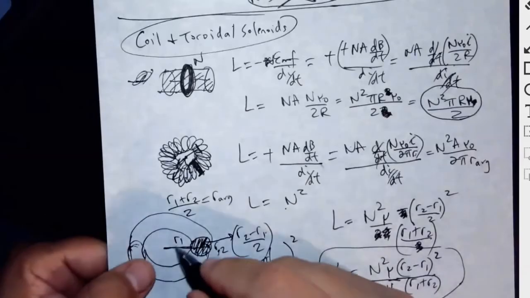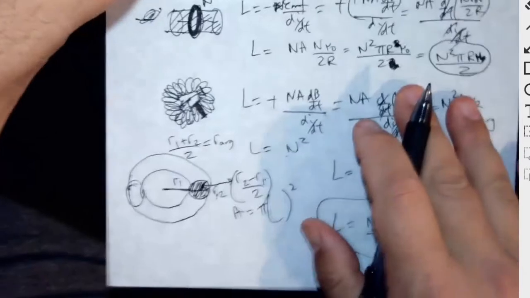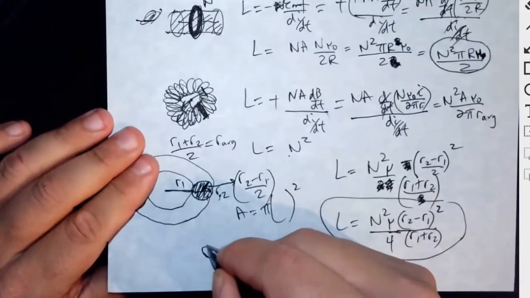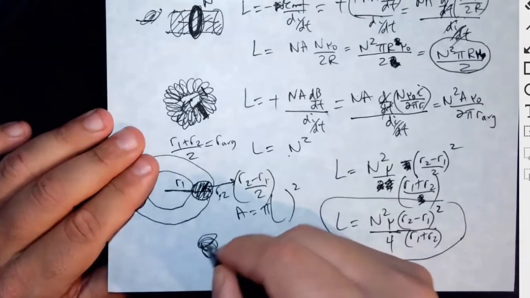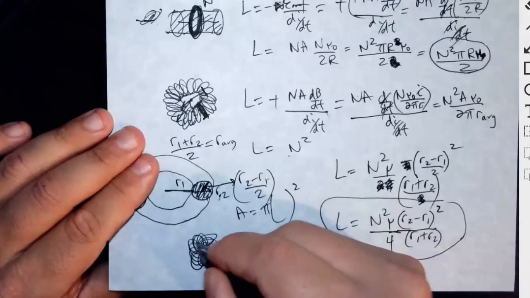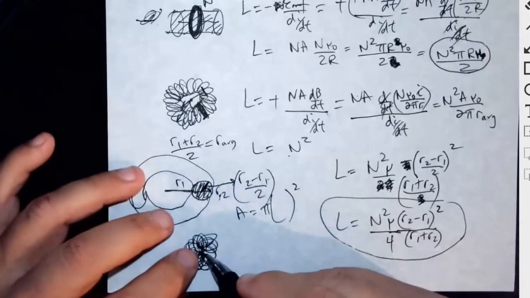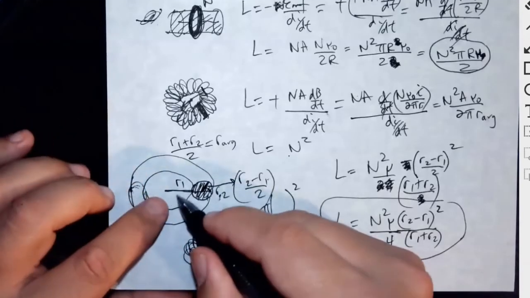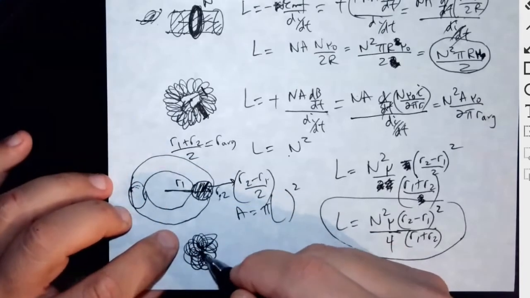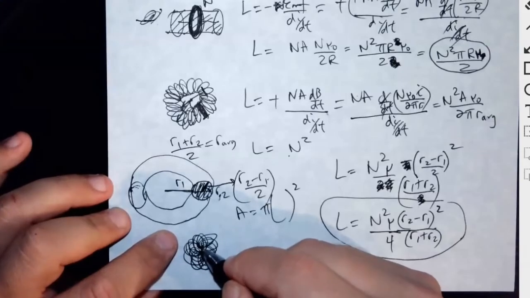Now, if the inner radius is 0, because you could have a toroid that's wrapped like this. In other words, there is no gap in the center, and then you could put a metal material all around without necessarily needing a gap.